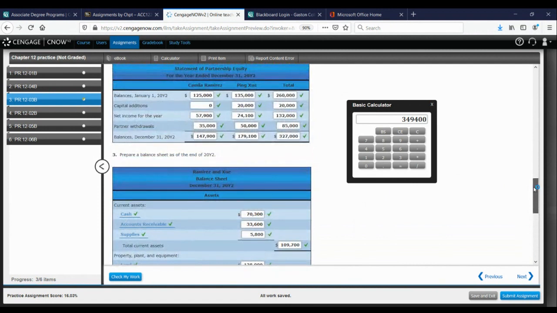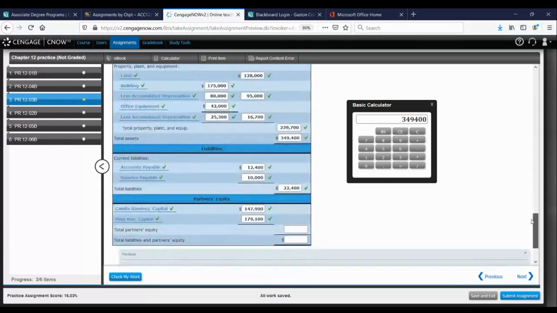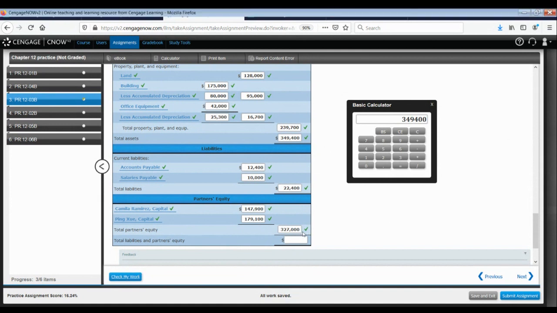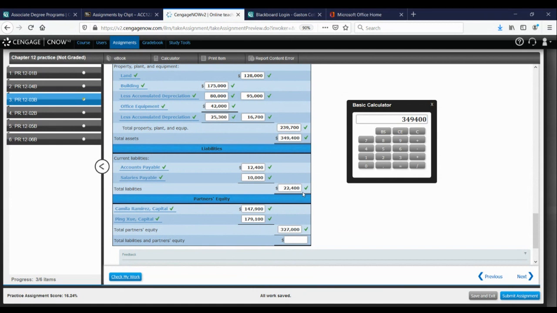We also happen to have that on the statement of partnership equity, which was $327,000. Add these two together. And then the last step is to add the total partnership equity to the total of the liabilities. That should always equal the total amount of your assets.